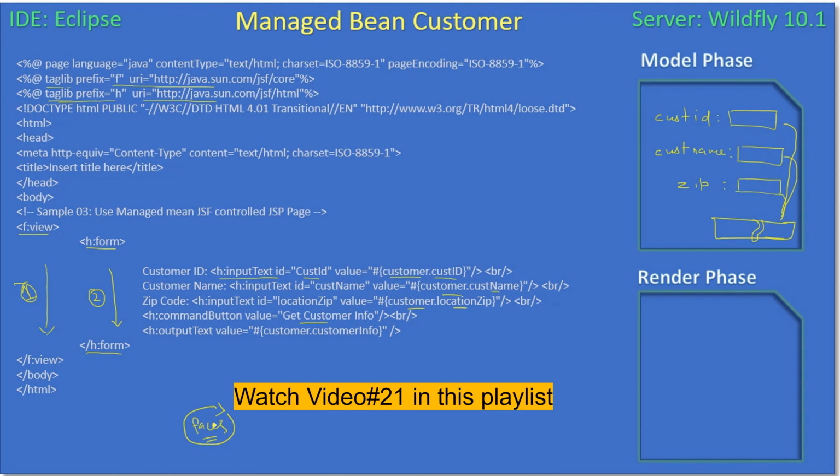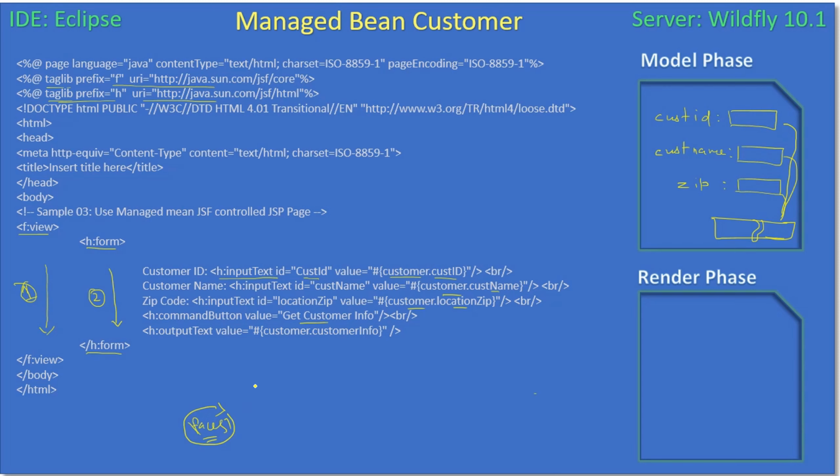Because in the URL we will have faces, and it will go to the faces servlet, and the faces servlet will take care of reading this JSP or processing this JSP. So it will transform this into an HTML input field and render it here. So this is the first time, and all fields are displayed and the mapping also happens.